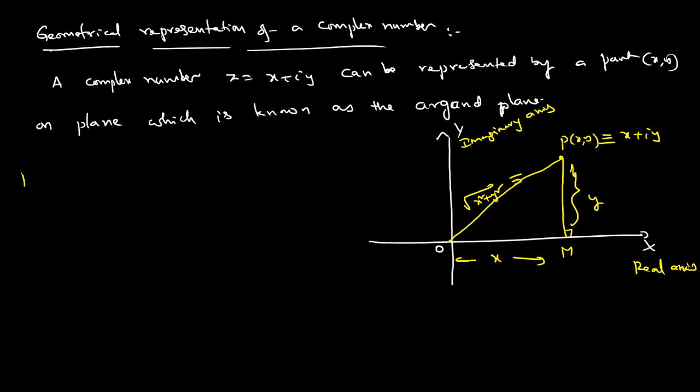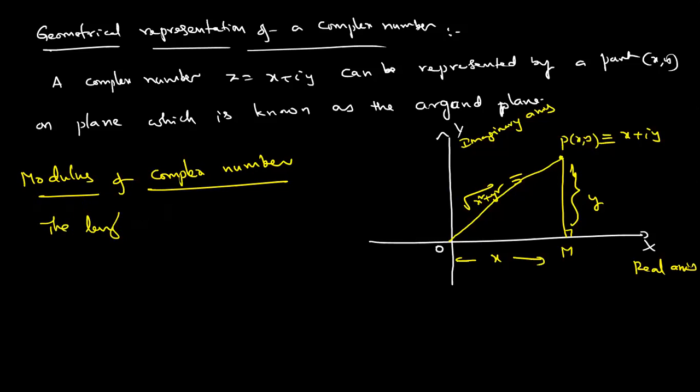That is the modulus of a complex number. So, dear students, the length of the line segment OP is called the modulus of Z.